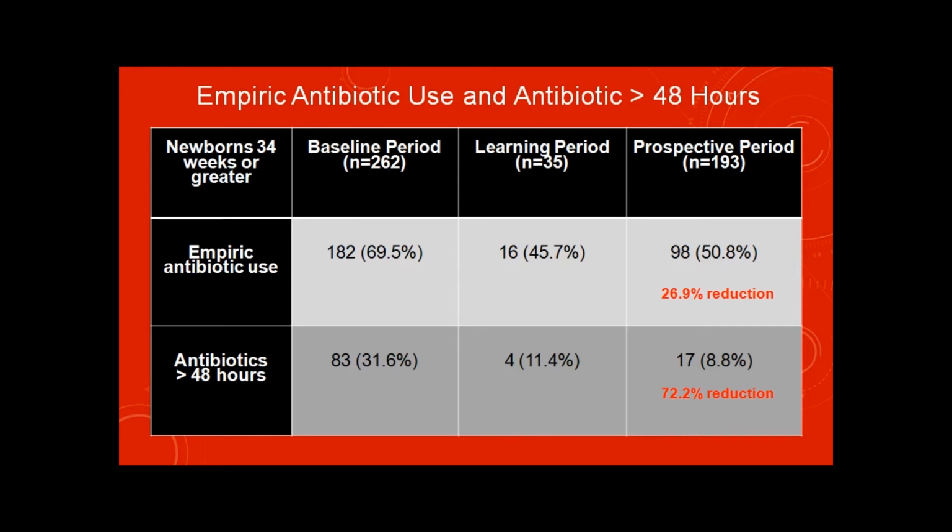And so empiric antibiotic use, and this is for newborns greater than 34 weeks. This is just another slide that we had a 26.9% reduction in empiric use, and greater than 48 hours, we were down 72%.